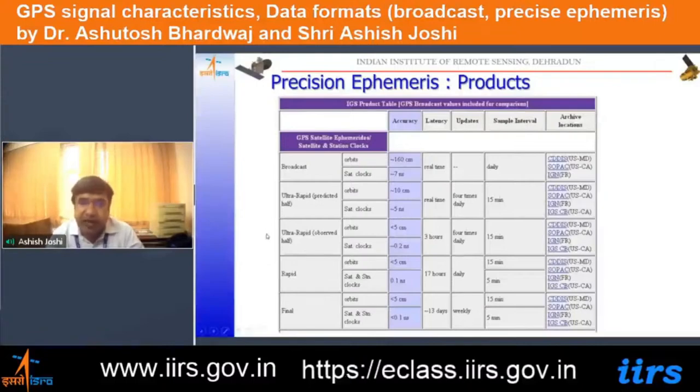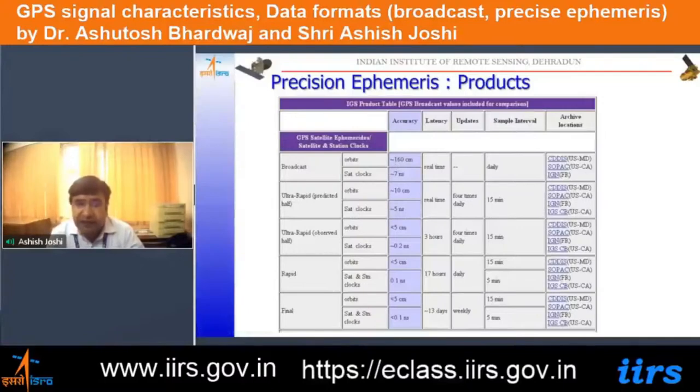So based on the time interval, we can categorize different products. When we have the broadcast, it has the latency of real time, but the orbit accuracy is lesser, around 160 centimeter inaccuracy in the orbits.